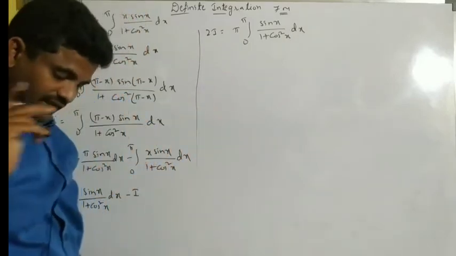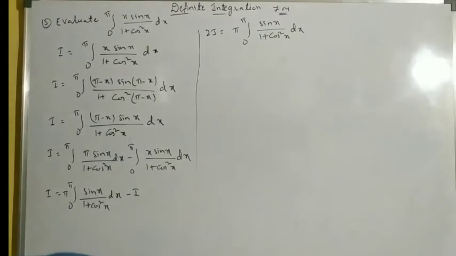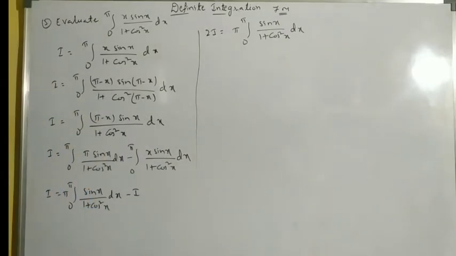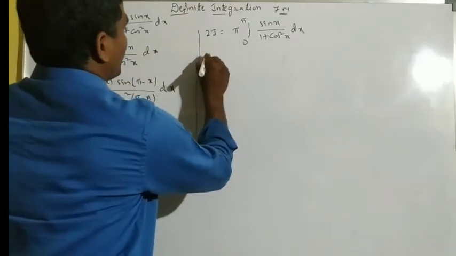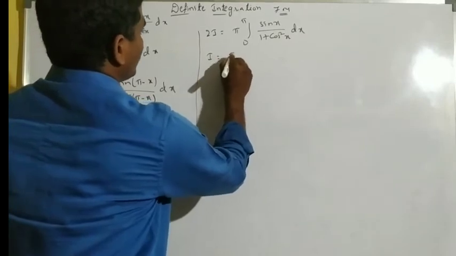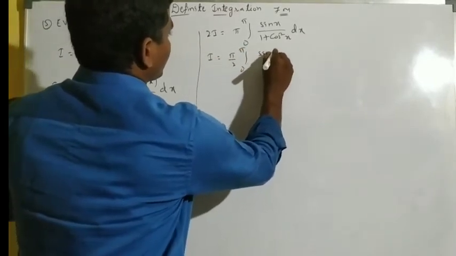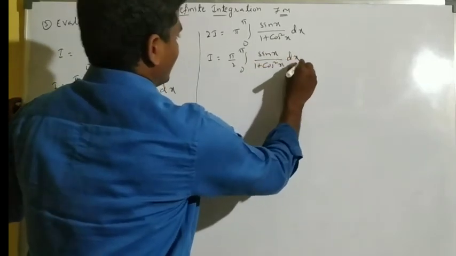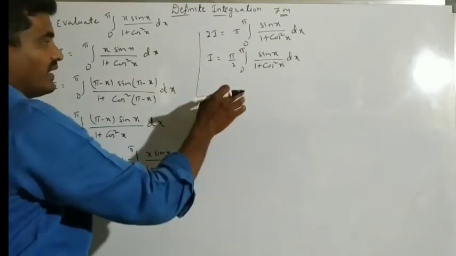So I equals pi by 2 of integral 0 to pi of sin x by 1 plus cos square x dx. Just changing these two to the right side, we get pi by 2 here.